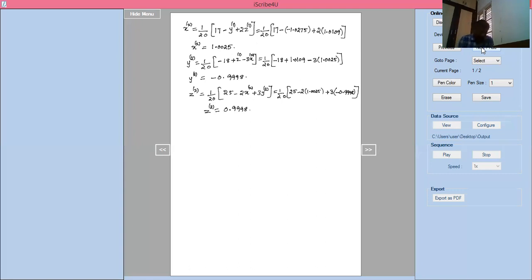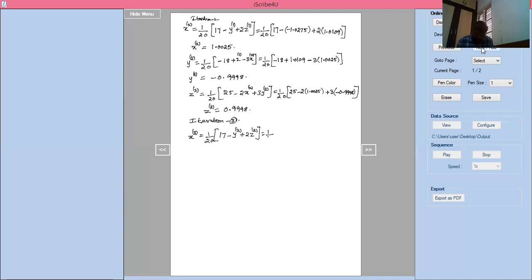Similarly, next iteration, this is iteration 2. Next one should be iteration 3. What is that? Iteration 3 is nothing but x of 3 equal to 1 by 20 into 17 minus y of 2 plus 2 into z of 2.